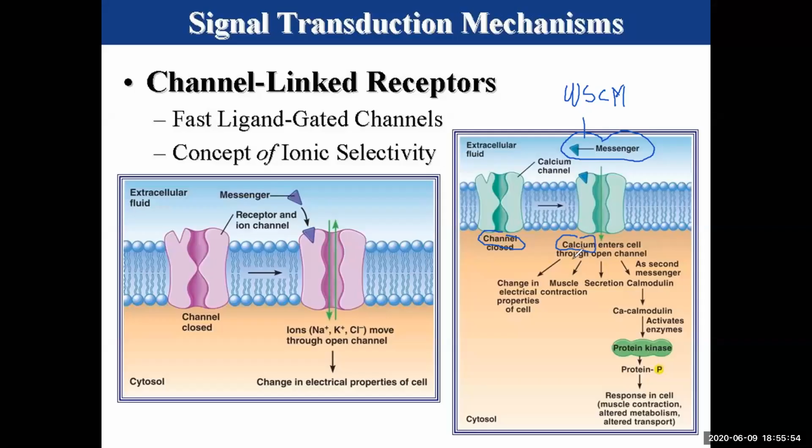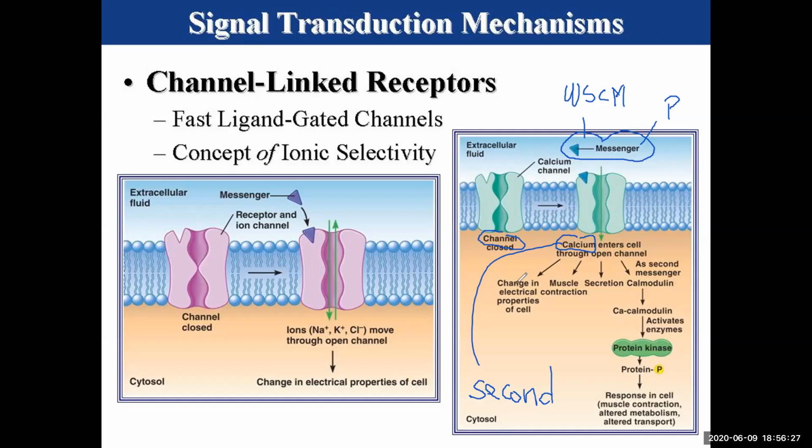Calcium is an example of a second messenger. So this is the primary messenger, and calcium is acting as a second or secondary messenger. So calcium gets inside the cell, but not the messenger. The primary messenger remains outside the cell. So once calcium gets inside the cell, it can cause several signals.